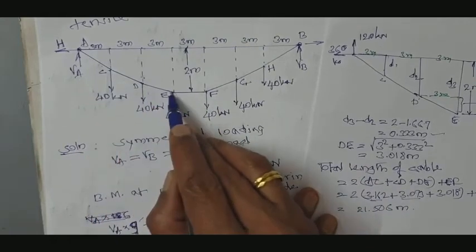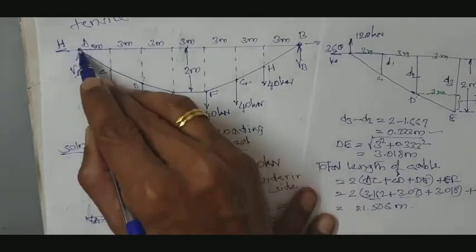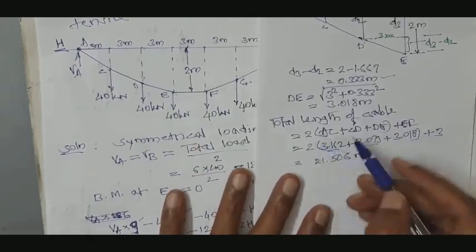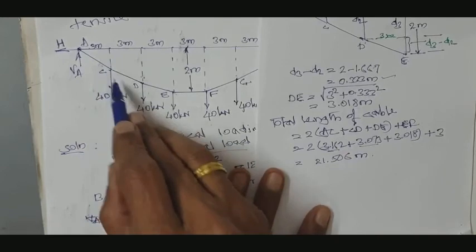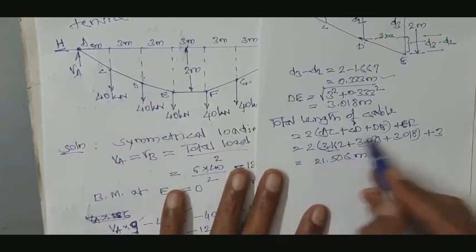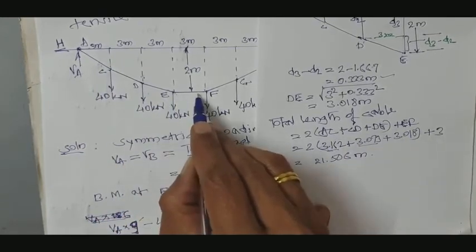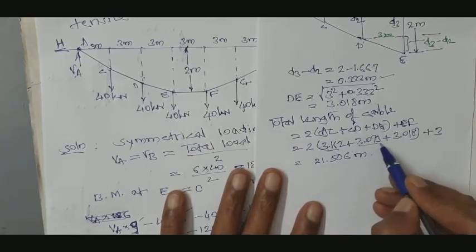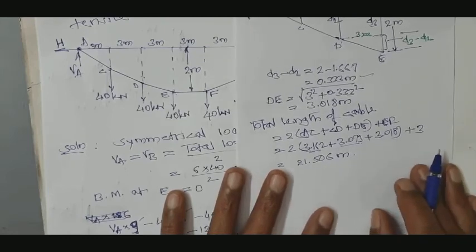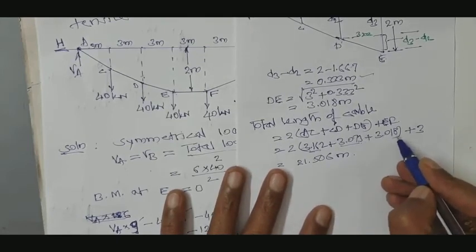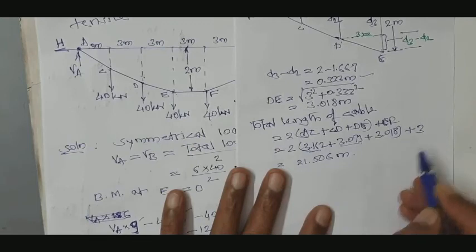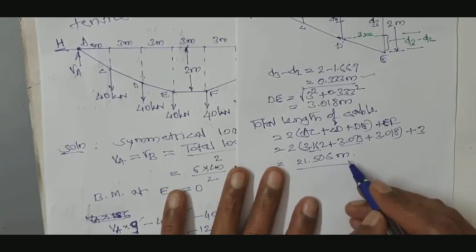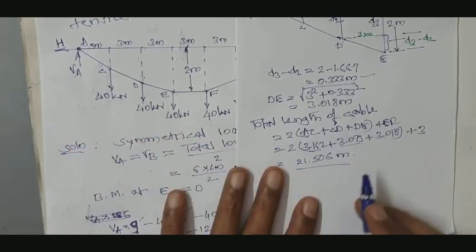So if you take this length and double it, you get this to this plus this to this, and you have to add the horizontal length EF. So the total length equals 2 times AC plus CD plus DE, plus that horizontal length EF. So 2 into AC is 3.162 meter, CD is 3.073 meter, DE we have calculated as 3.018 meter, plus this center length 3 meter. If you simplify this, you are going to get 21.56 meter as the total length of the cable.